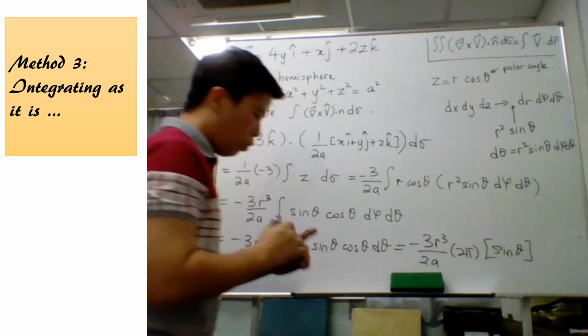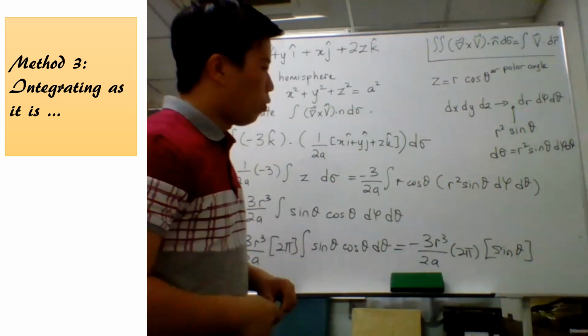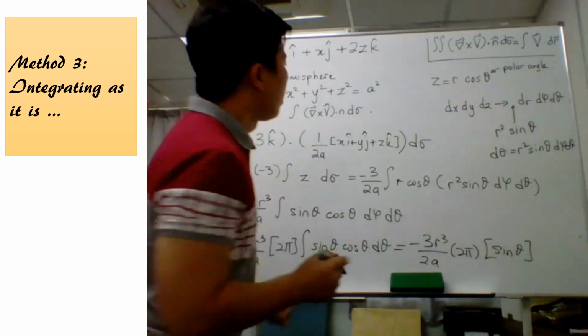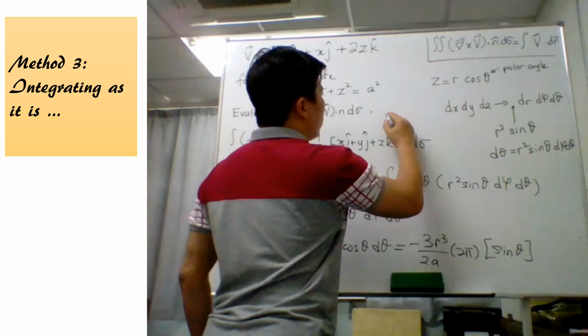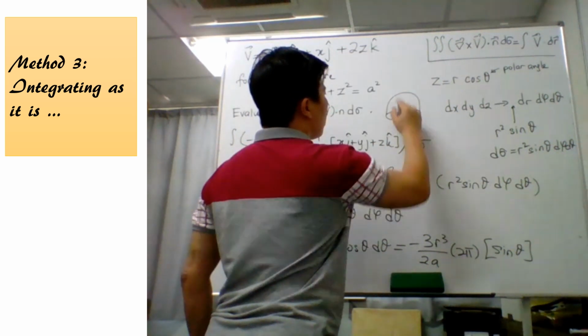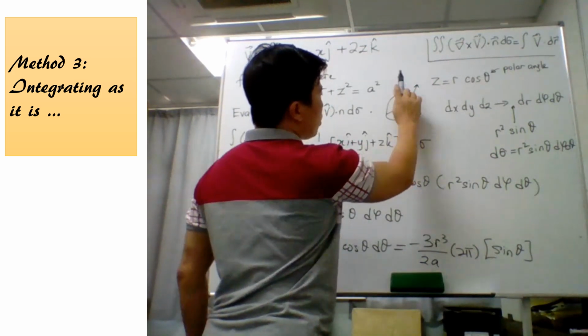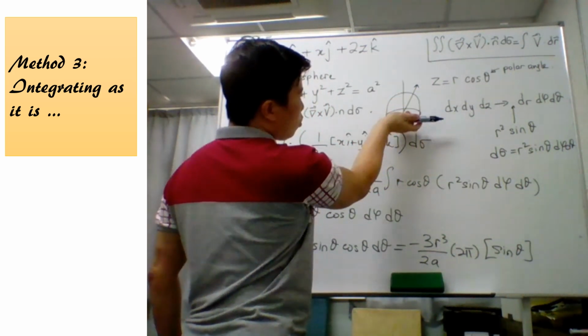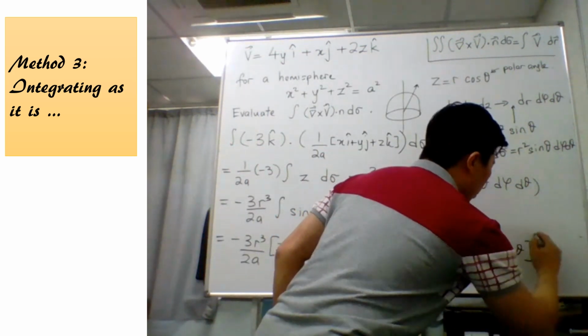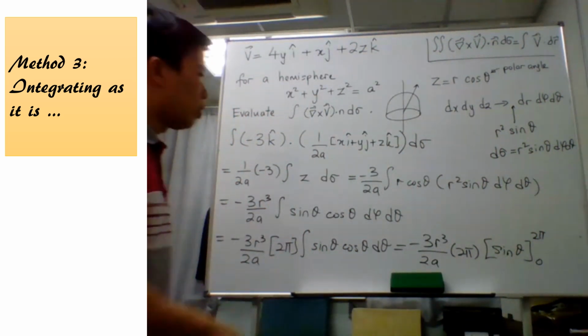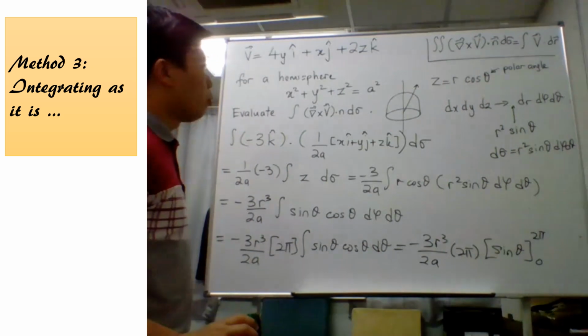So sine theta, you go from 0 up to 2 pi. Okay, because you are looking at the hemisphere like this, so you have your z. So you go from 0 and up to 2 pi. So I just need more space over here.